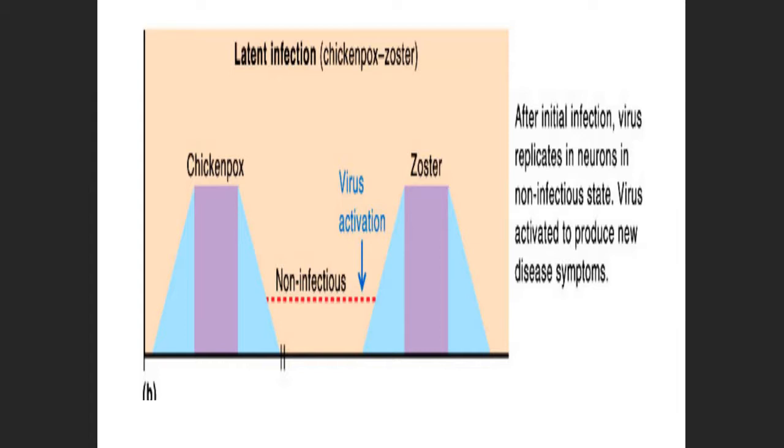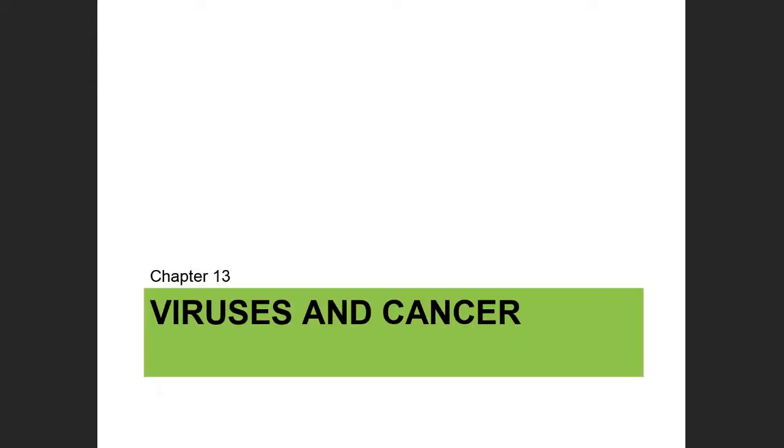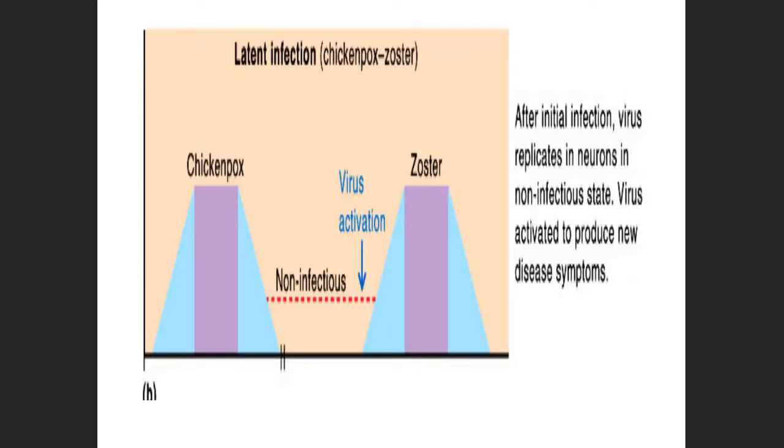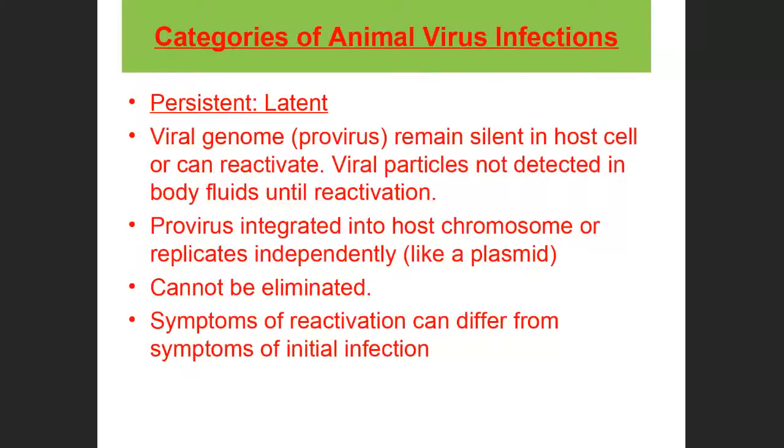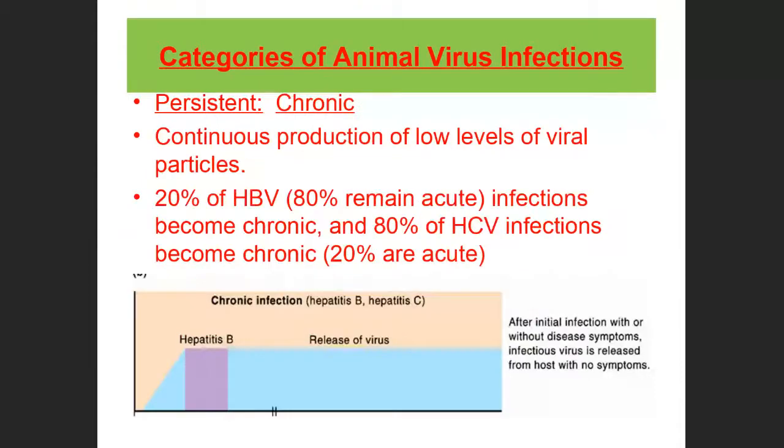Typically, if we get it as adolescents or adults, it will become latent in that it may not go away. Okay, so be able to explain the difference between a latent infection, a chronic infection, and an acute infection.